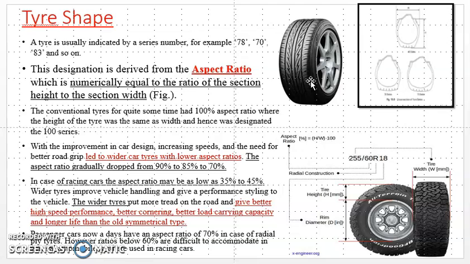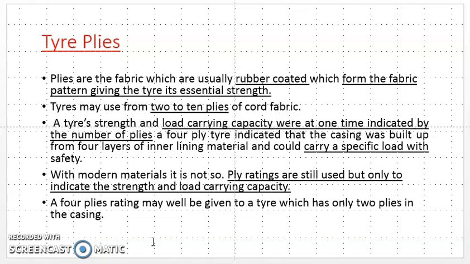It is observed that the aspect ratio should be minimized because we require wider car tires. The width required is more, that's why the aspect ratio has dropped from 90% to 85% to 70%, and for racing cars it is about 35% to 45%. We discussed all this in the last lecture.